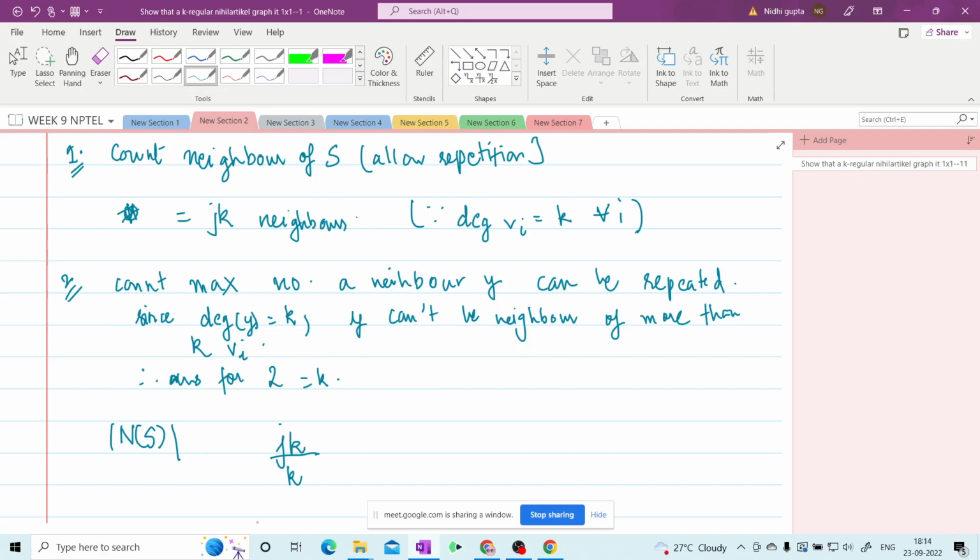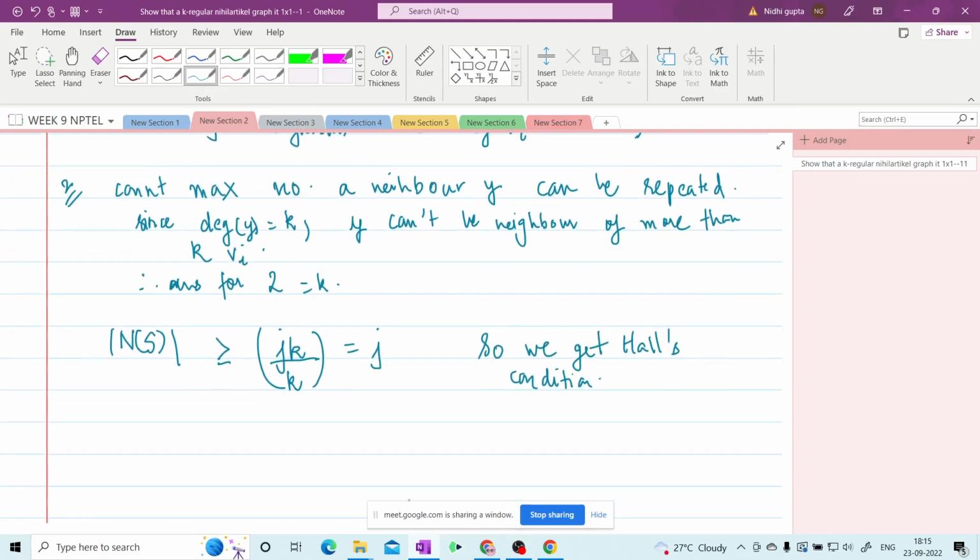So we see that neighborhood of S will have at least these many vertices. And what is this term? This term is just j. So we get the Hall's condition, that means Hall's condition holds.